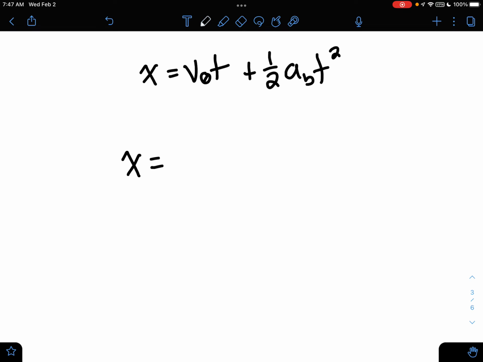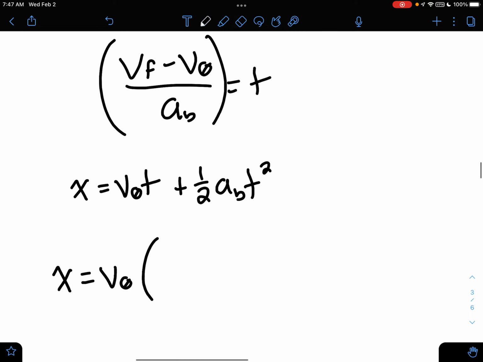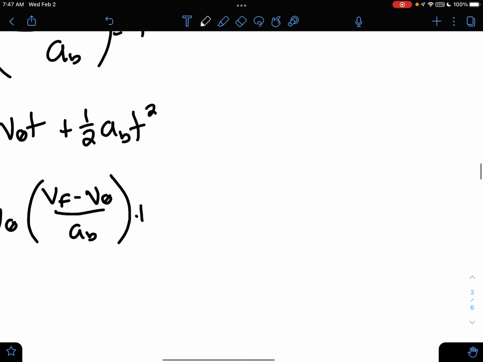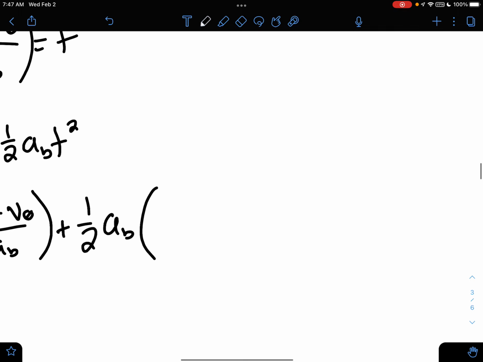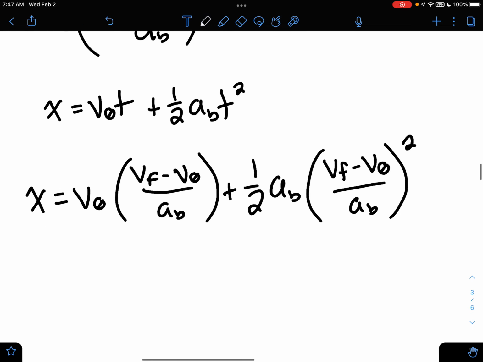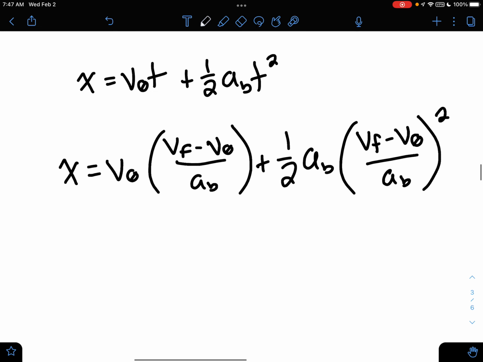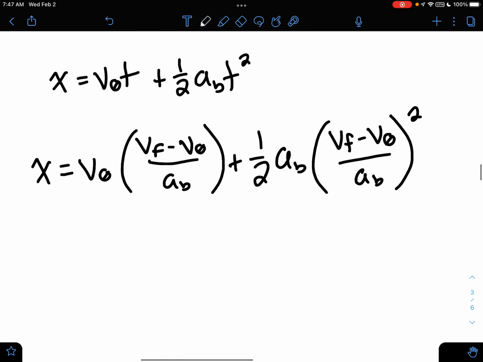X equals v naught times v final minus v naught over acceleration, plus 1/2 acceleration times v final minus v naught over acceleration squared. Wonderful. There's an expression for our position.